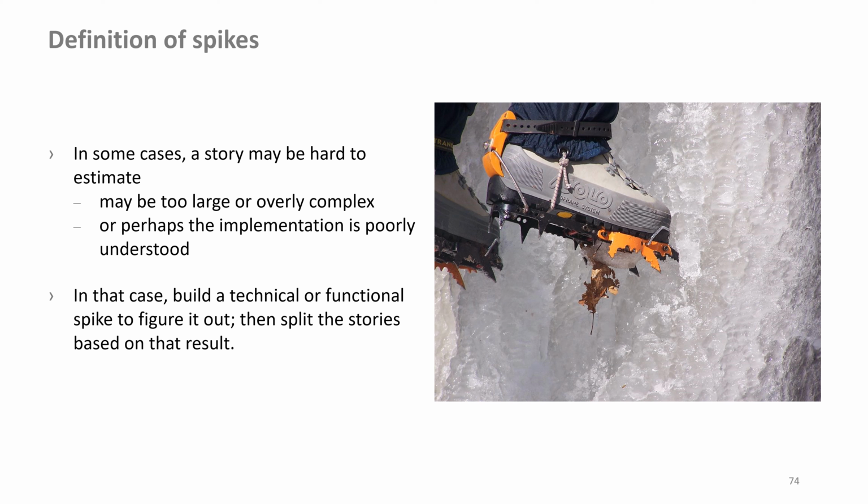The spike helps to figure out what needs to be built and how we are going to build it. The product owner assigns a bit of capacity to the spike even before the story needs to be delivered. This way we know what needs to be done when the story comes into a sprint.